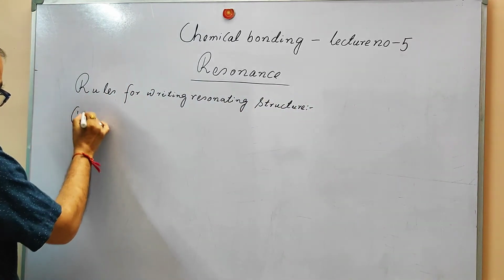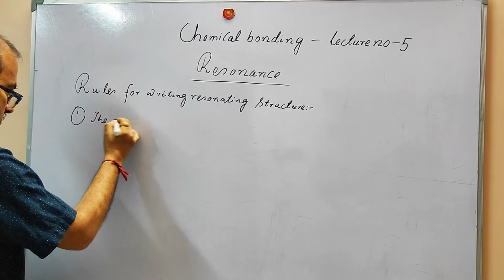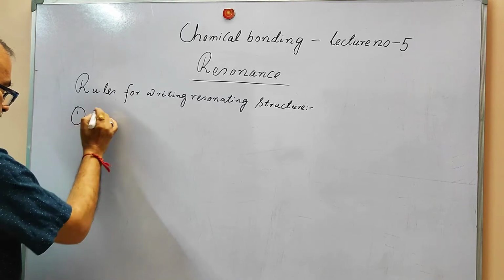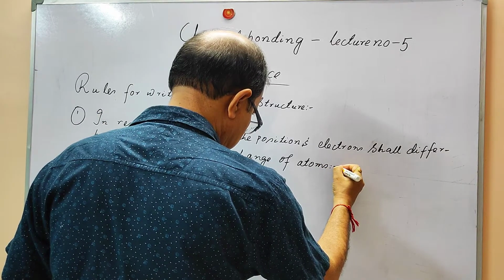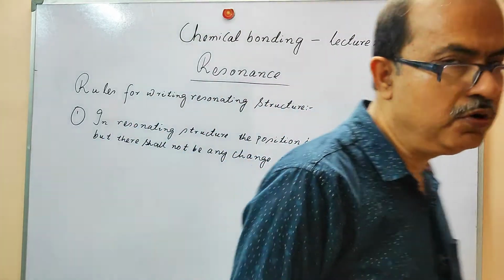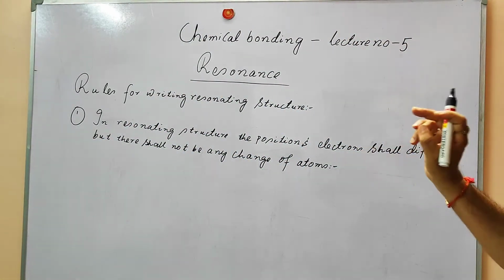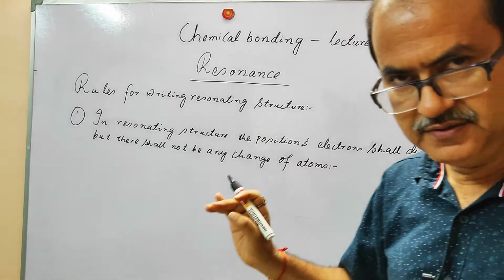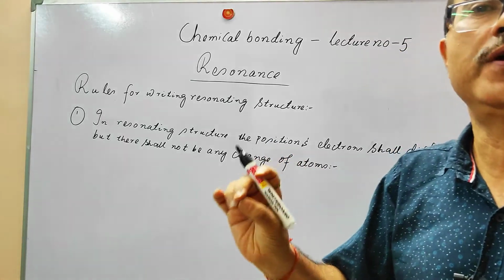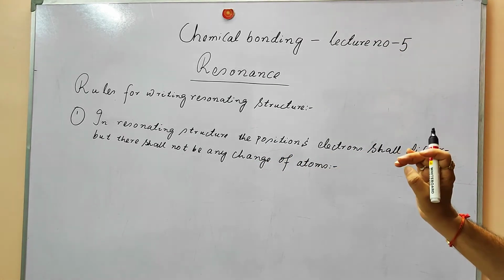First rule: in resonating structures, the position of the electrons shall differ, means the valence electrons by which we write the Lewis dot structure will differ.